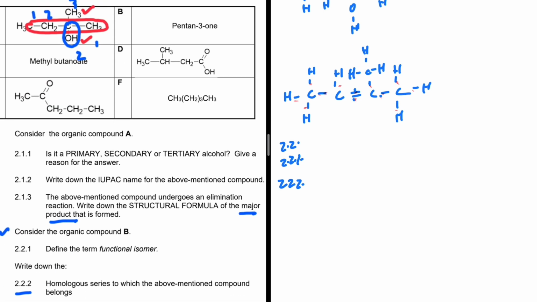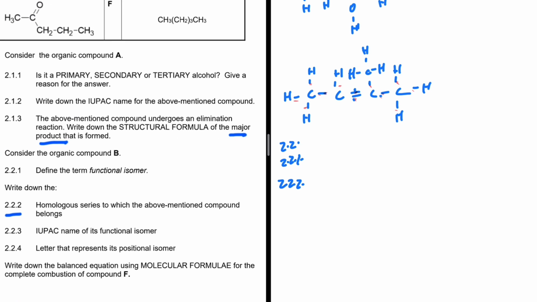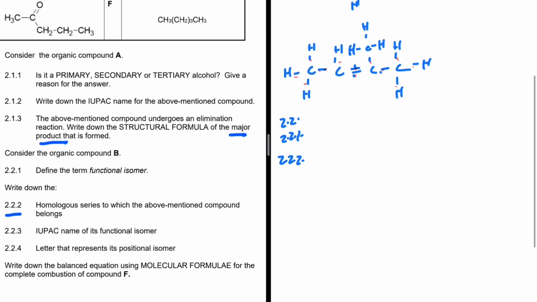So compound B is a ketone, but the name of the homologous series is actually not ketone. It is ketones, in plural, by the way. It's one of those things that we usually overlook. But the name of the homologous series is not ketone. It is ketones. If you go to your exam guidelines, that is exactly what you're going to find.